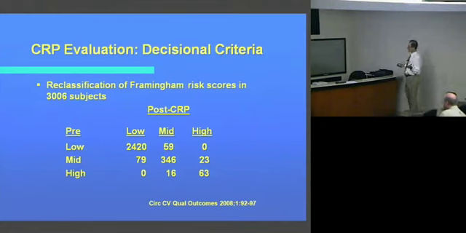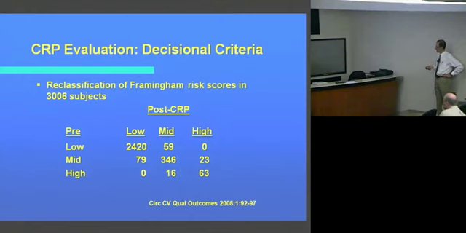What about reclassification? This is something that came out last year in CV Outcomes, where people applied CRP levels to a Framingham, I think it's the Framingham population. I didn't put that on the slide. And what you can see, interestingly enough, is a lot of people stayed right here on the diagonal in terms of their risk assessment. But some people were moved up and some people were moved down.